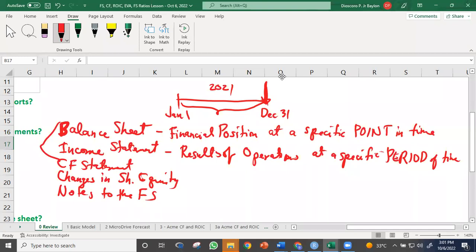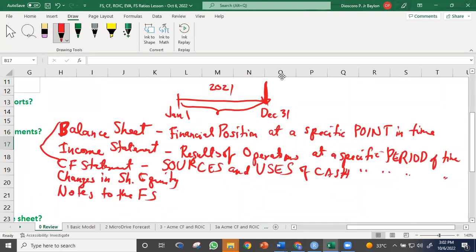Okay, and then lastly, the cash flow statement also tells us what we have here. The cash flow statement tells us what are the sources and uses. Saan nanggaling at saka ano yung pinaggamitan of cash, also at a specific period of time.